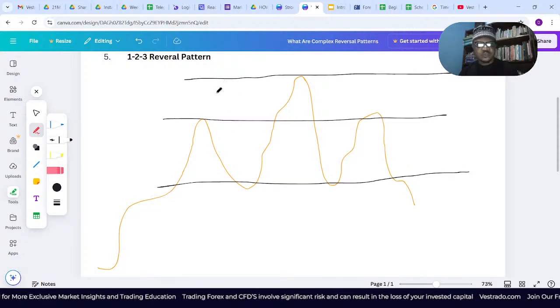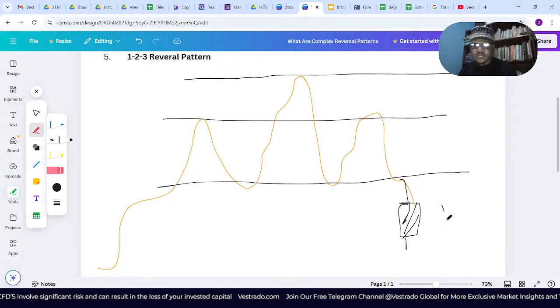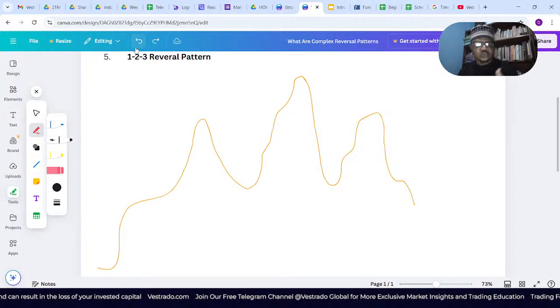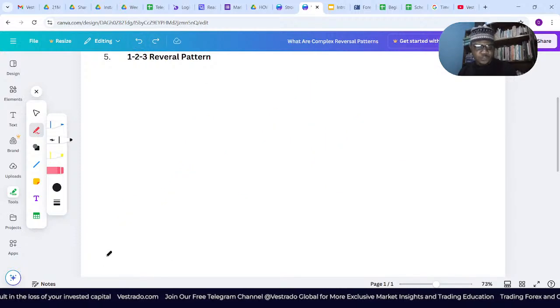So you have two zones of equilibrium, but majorly one between the head and the area of the neck. That's what happens. Now, if price breaks that significantly, we should get what? A sell. 1, 2, 3 reversal pattern. How does that work? Look.